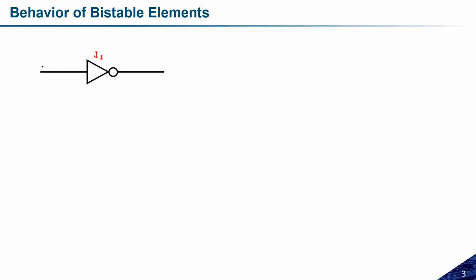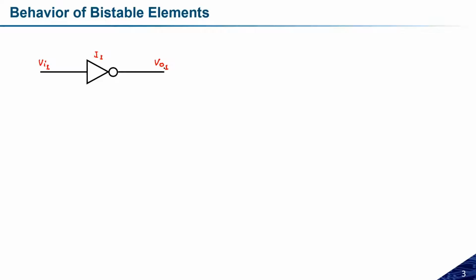One more important thing: this is the input of inverter 1, so V input of inverter 1. Similarly, here we will receive the V output of inverter 1. So VI1 and VO1 are the input and output of the first inverter.